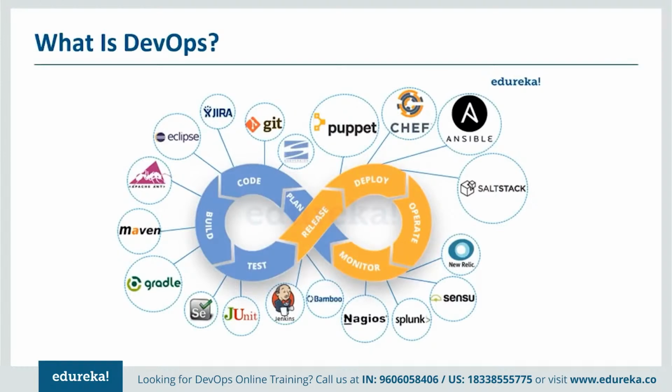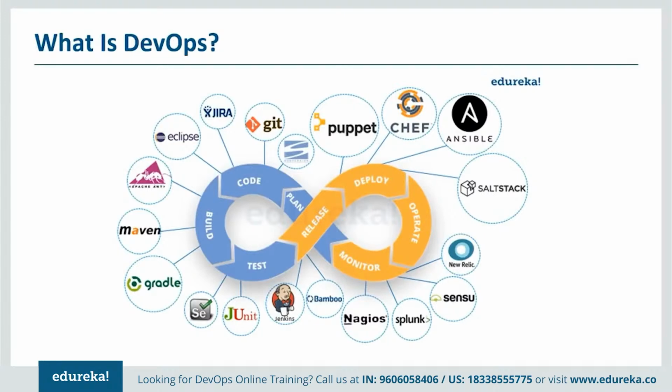Of course, if you have to do some builds, you can use a Kudu server, you can use Maven, you can use Gradle. All these different tools are used to build your applications. Finally, if you are done building your code and have done all the check-ins, then the testing happens. You might be using Selenium or JUnit to test your applications.